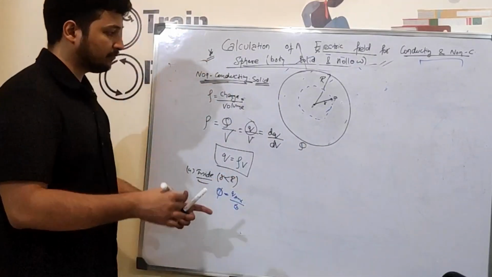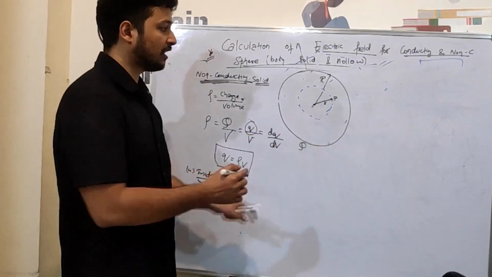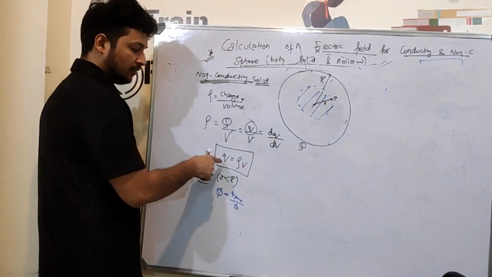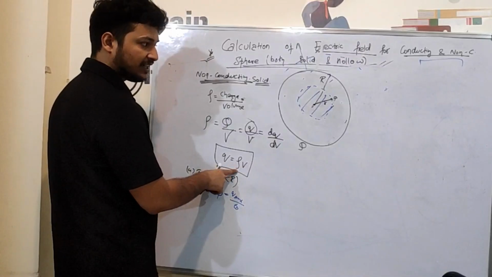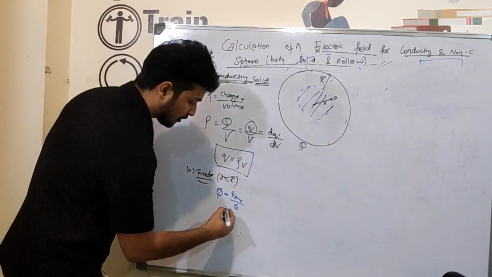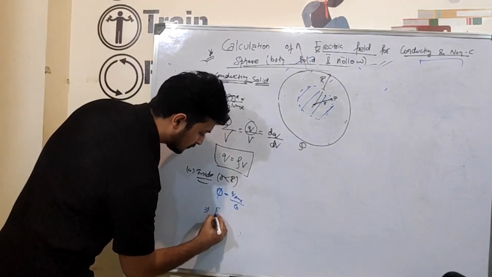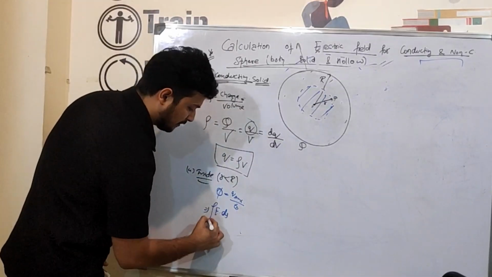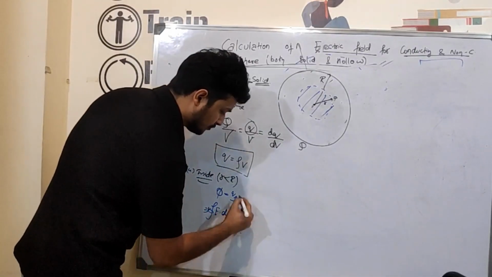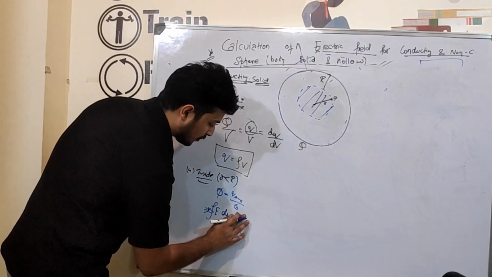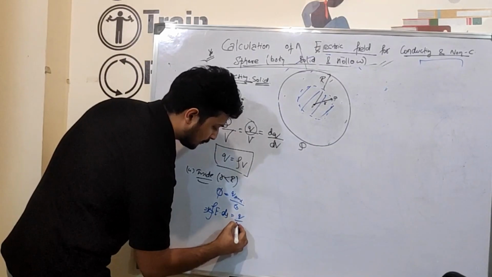And we have done the basic mathematics. The charge that will be enclosed inside it, small charge q, will be equal to charge density multiplied by the small volume of this sphere. So if we calculate the electric flux, which is the integration of E dot ds, it equals the charge enclosed, q divided by epsilon naught.